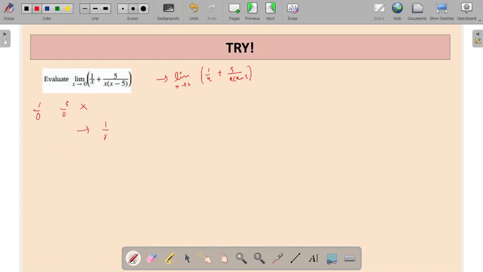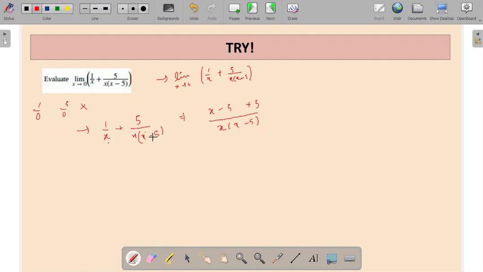This will be 1 by x plus 5 over x minus 5, right? Let's solve it. Let's take the denominator of this. So it will be x minus 5. The whole denominator will be x minus 5, plus 5 over x minus 5. Can you see I have taken a common denominator?